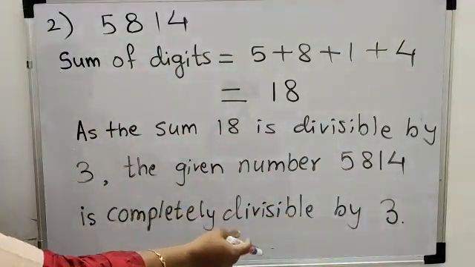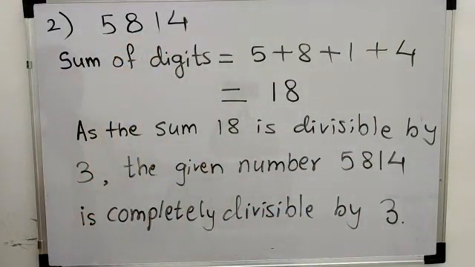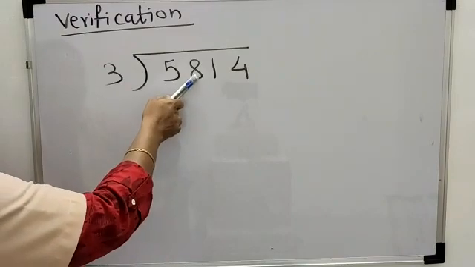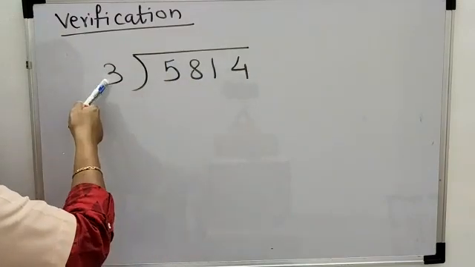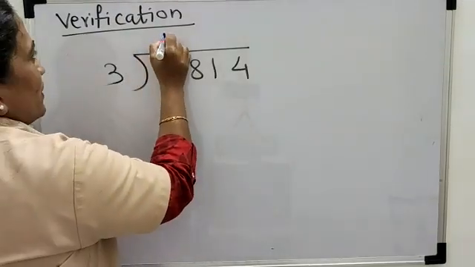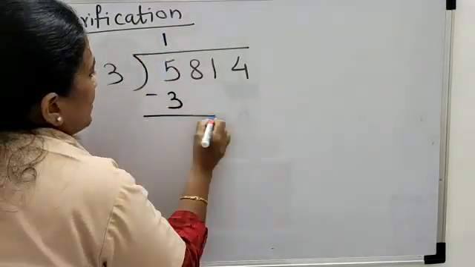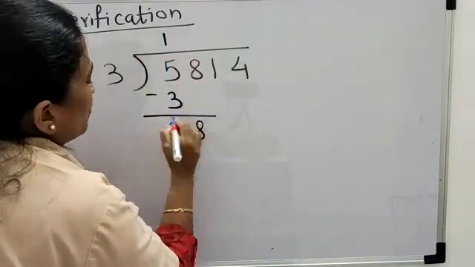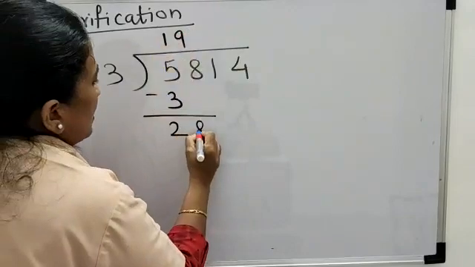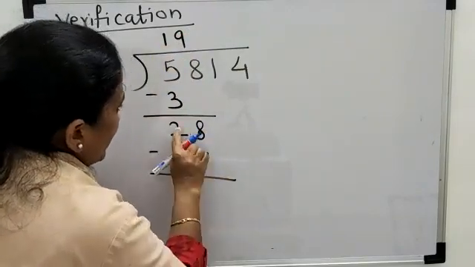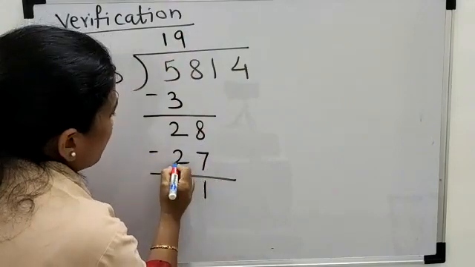Let us verify this example also by performing actual division. Let us evaluate the division of 5814 by 3 to verify the divisibility test. Here 3 ones are 3, 5 minus 3, 2, and taking this 8 down, 3 nines are 27, 28 minus 27 is 1.